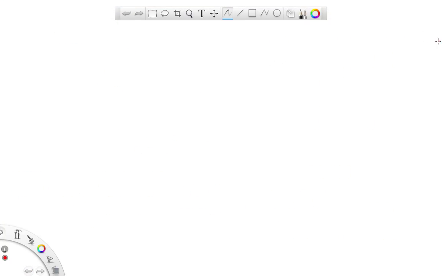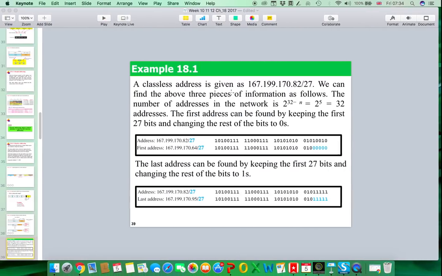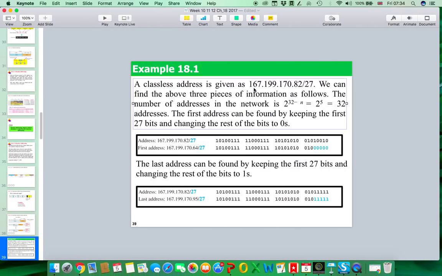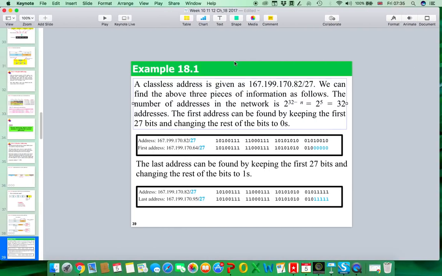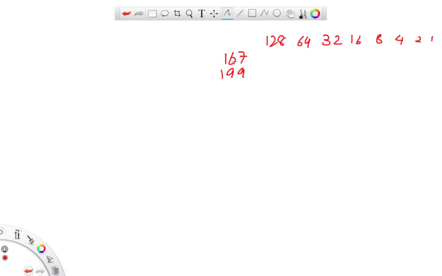So let's gear up and do this now. Once again, you're putting in the numbers. What are the numbers? 167, 199, 170 and 82.